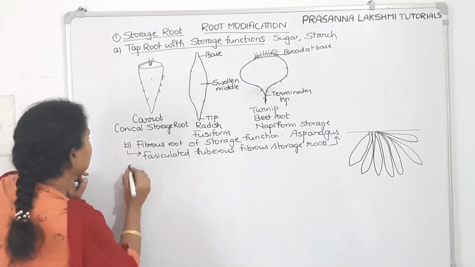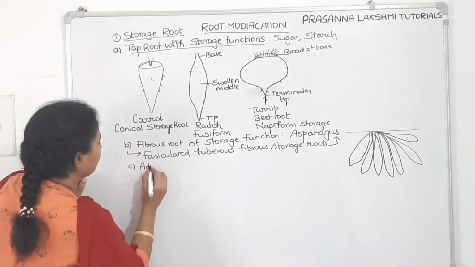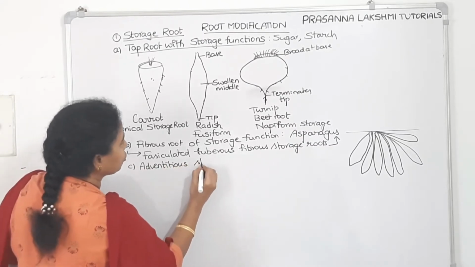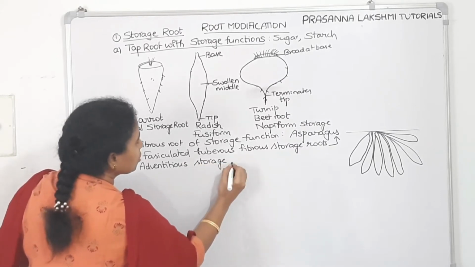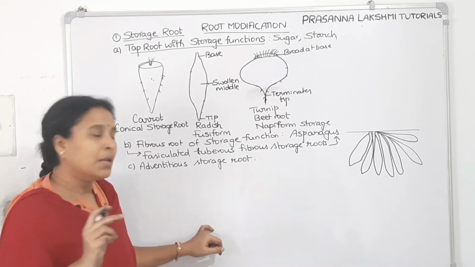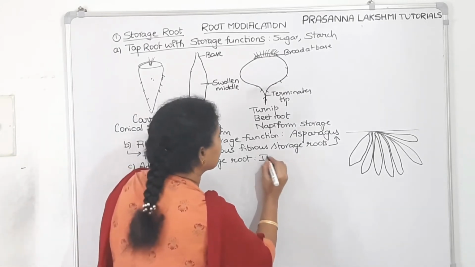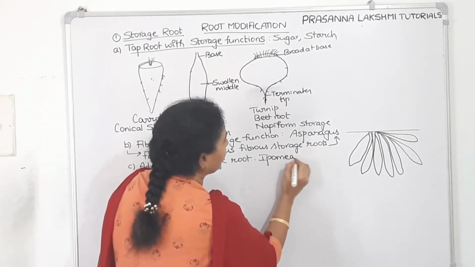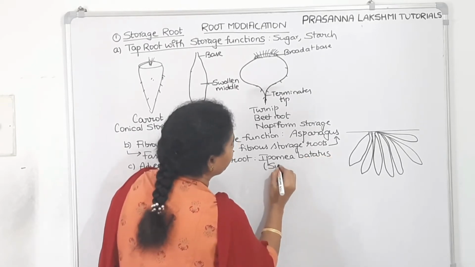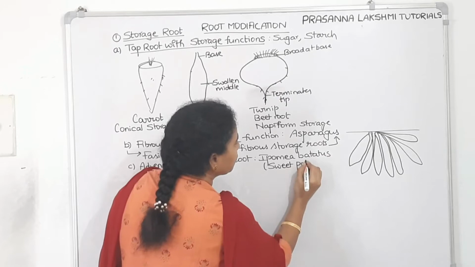Now if we have to take an example of adventitious storage root. Adventitious root means the root which comes from any other part other than the radicle. Example is Ipomoea batatas, which is sweet potato.